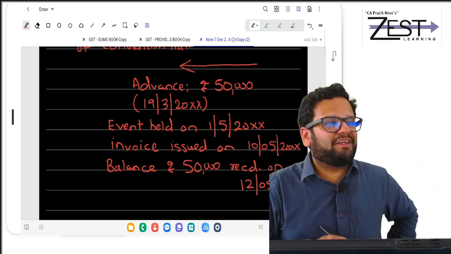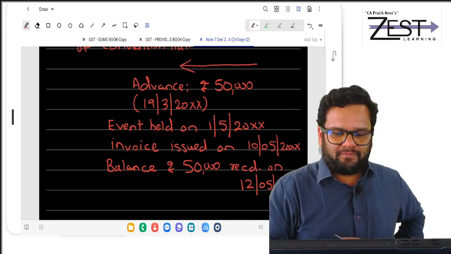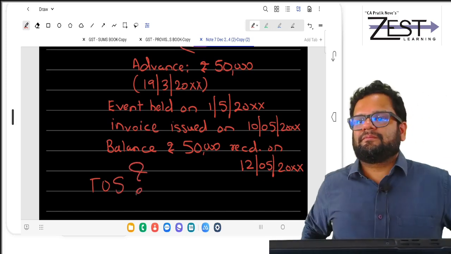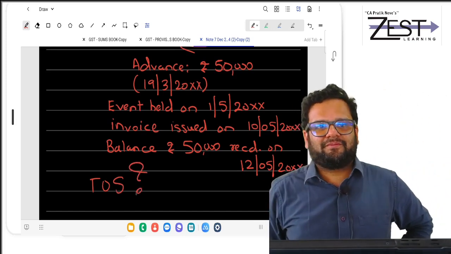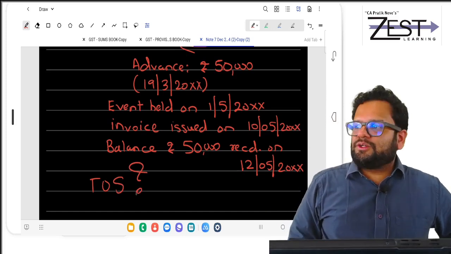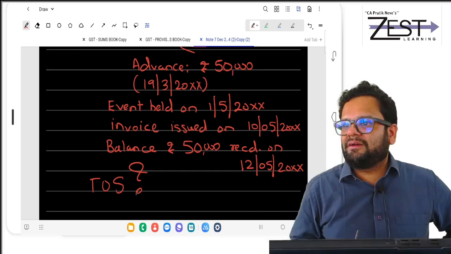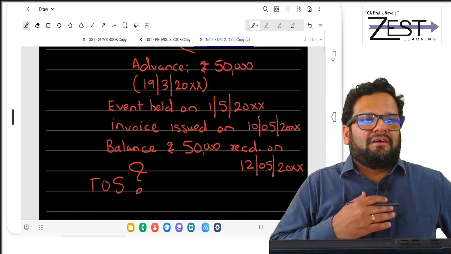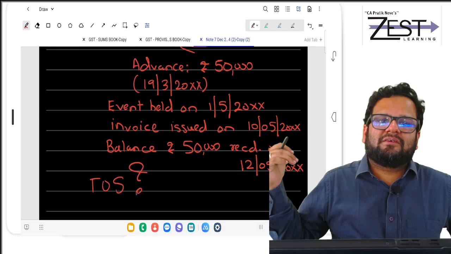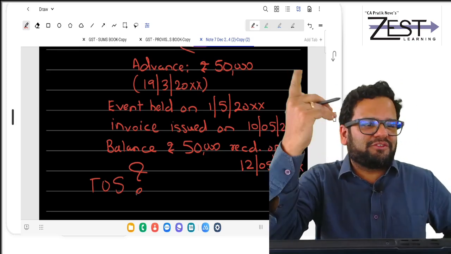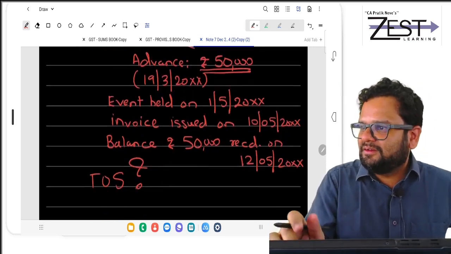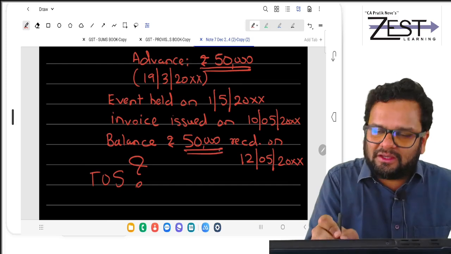Did you understand all the dates? In this case, question is what is time of supply? My first question to you is what is value of supply? What is value of supply in this case? 1 lakh. Value of supply is 1 lakh because advance is of 50k and balance is of 50k.